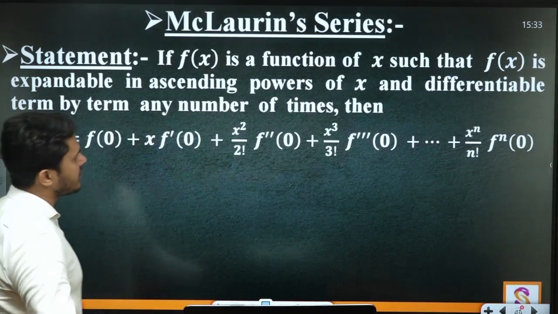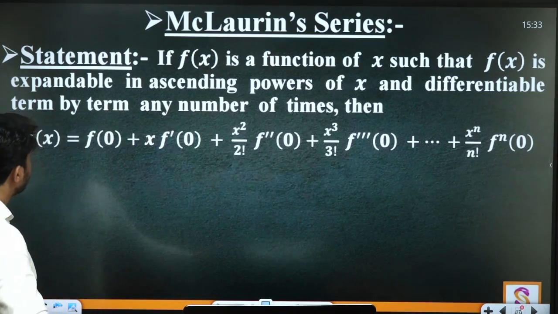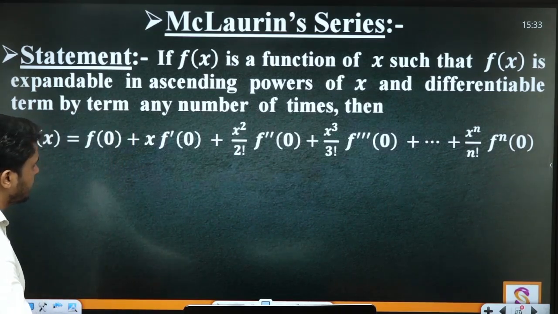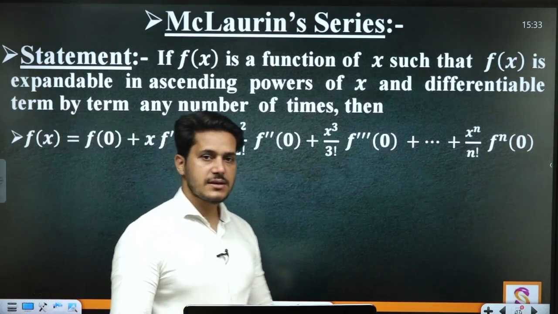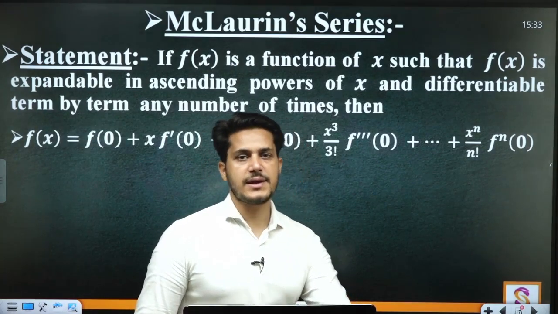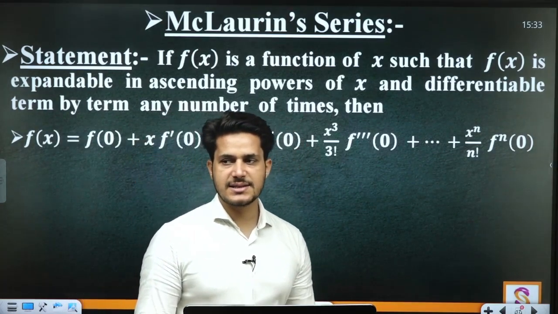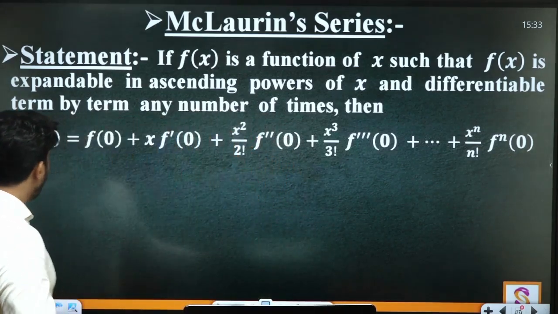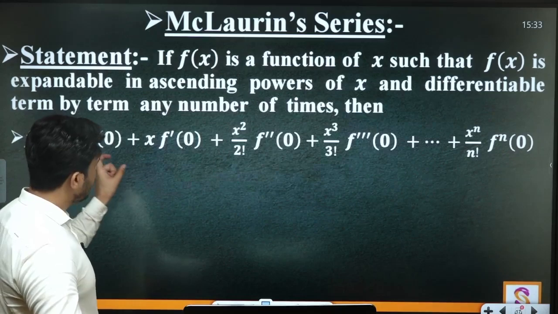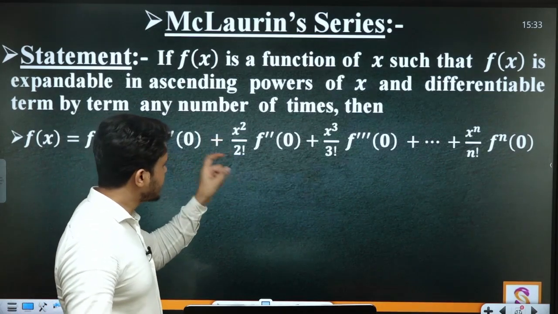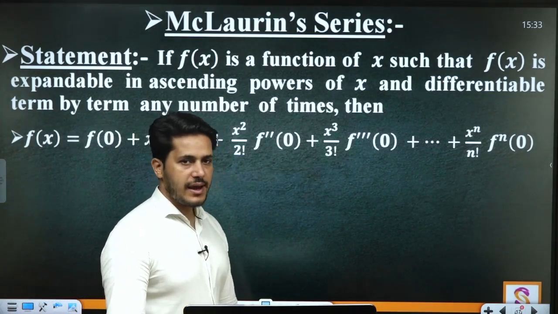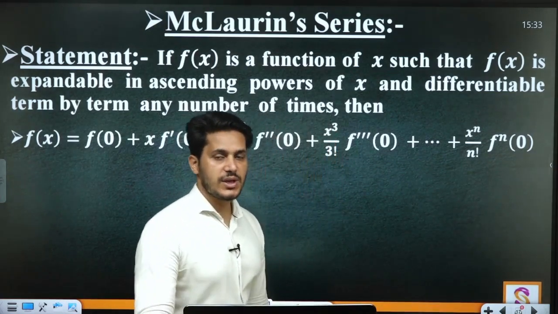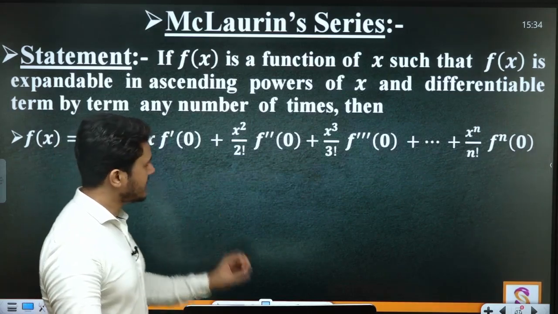If f(x) is a function of x such that f(x) is expandable in ascending power of x and differentiable term by term, means you have to differentiate f(x) term by term successively, means f'(x), f''(x), f'''(x), and many more derivatives exist there. Then in this way any function can be expanded like f(0) plus x into f'(0) plus x square upon 2 factorial f''(0), x cube upon 3 factorial f'''(0) and so on. तो ये स्टेटमेंट है जो आपको मैक्लॉरिन सीरीज से ध्यान रखना है.